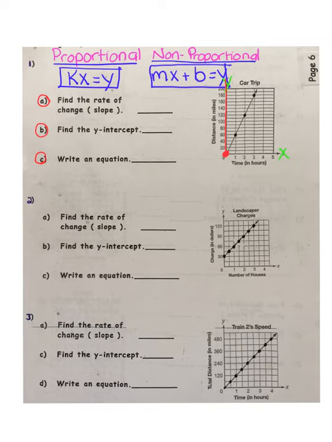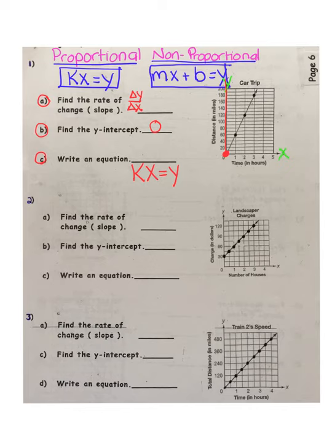The line passes through the origin, so our y-intercept is 0. This is a proportional relationship, so when we write our equation, it's going to be k times x equals y. Our job is to calculate the slope or the rate of change, which is delta y over delta x, or rise over run.